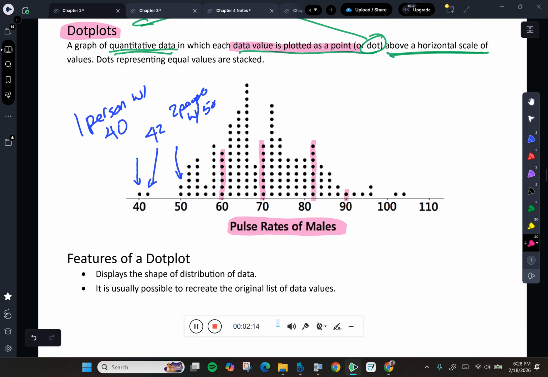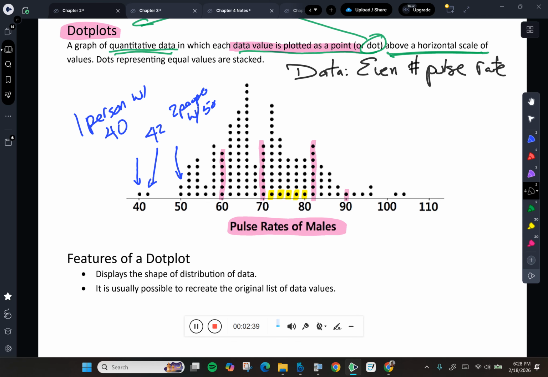Now looking at this, if we look between 70 and 80, if that's 70, that would be 72, 74, 76, 78, 80. So it looks like whoever gathered this data set, our original data set was only even numbered pulse rates.